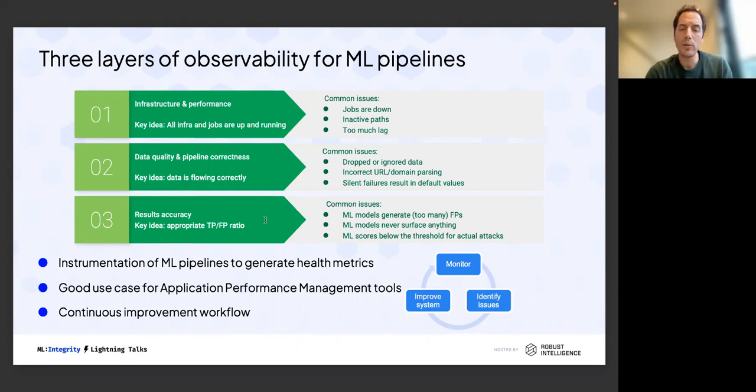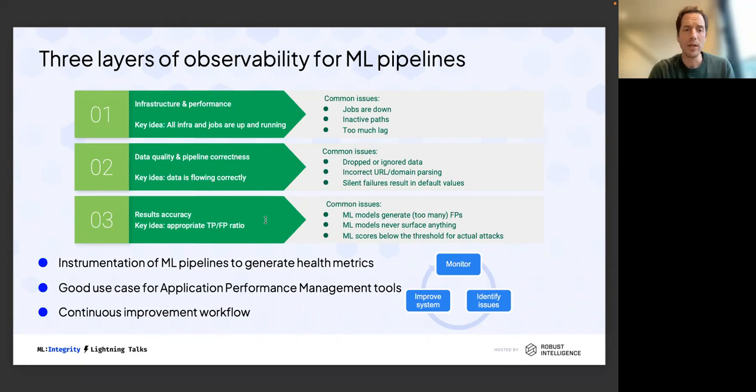And here is where we want to identify subtle issues like whether we're missing some data but not all, whether some data is not being parsed and processed correctly. And the third layer, perhaps the most expected one, is whether the models are generating value, whether the models are accurate and we're presenting value to the analysts that are receiving those alerts.